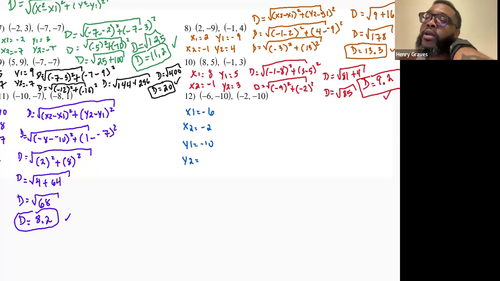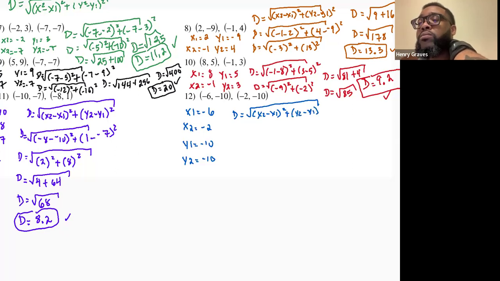So here's the formula. x2 minus x1 squared plus y2 minus y1 squared. Negative 2 minus negative 6 squared.